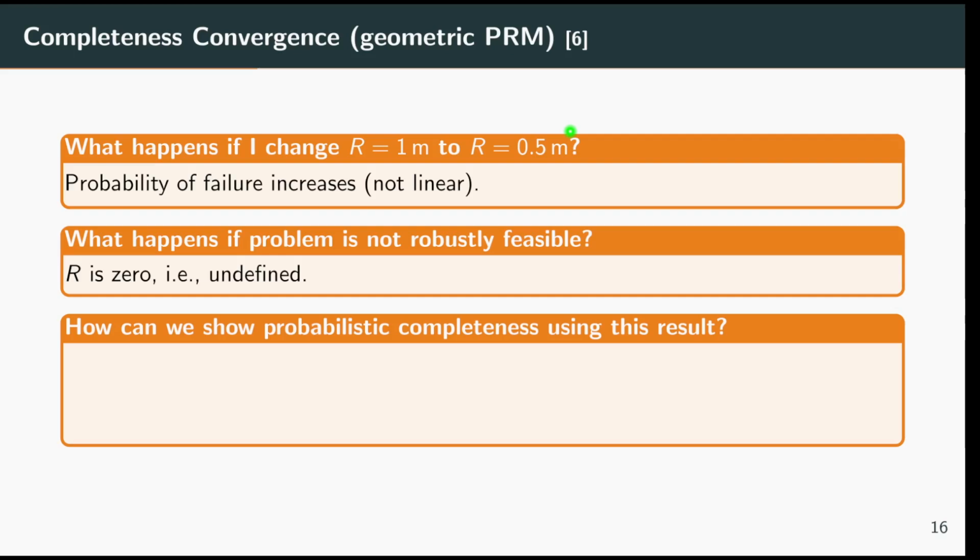And then could you also take this result now, and that result is basically telling us the convergence rate. Can we take it to show probabilistic completeness?